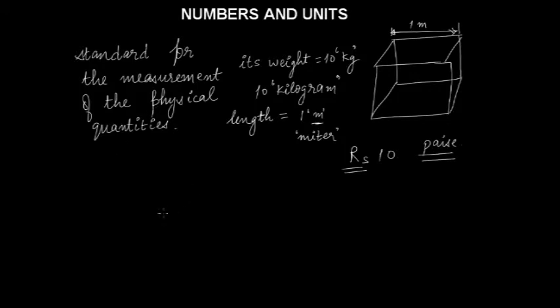These are units. Now let's take some of the units we use in normal day-to-day life. First one is millimeter, or we say mm. Then you would already have heard about centimeter, and then we have meter.